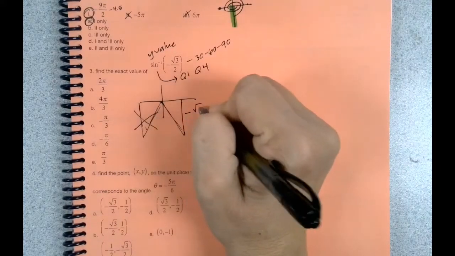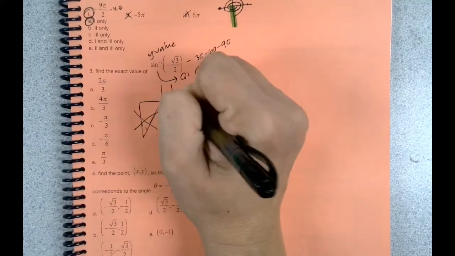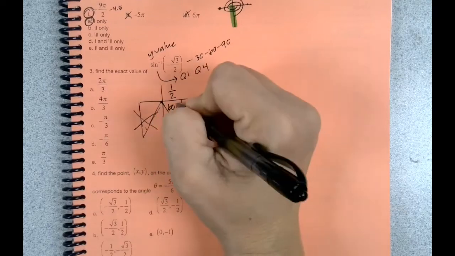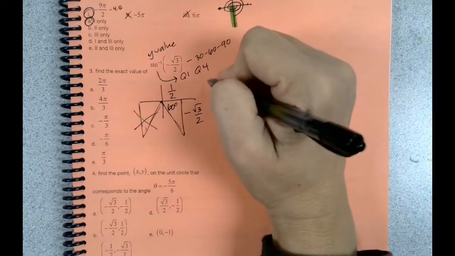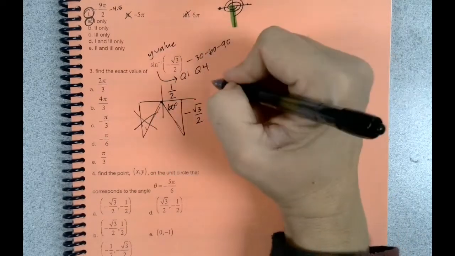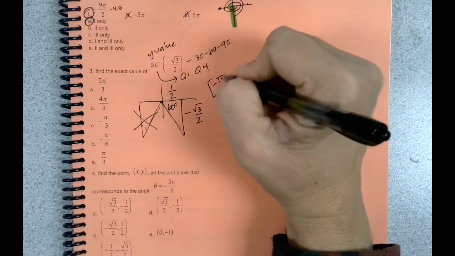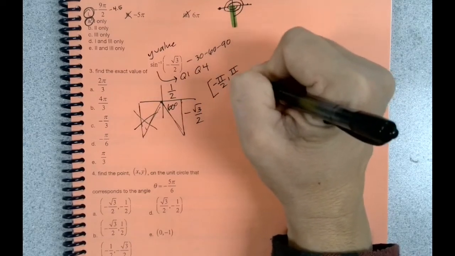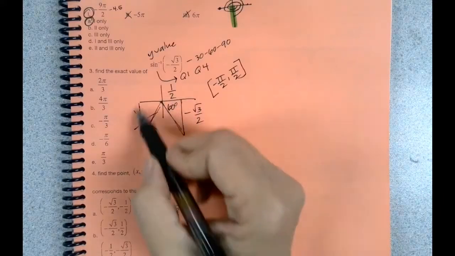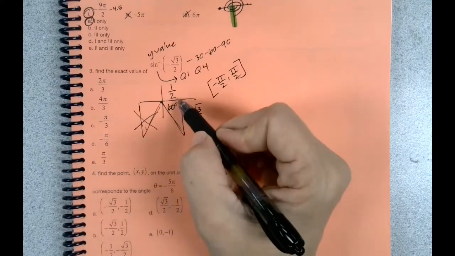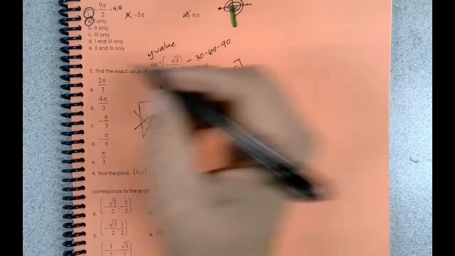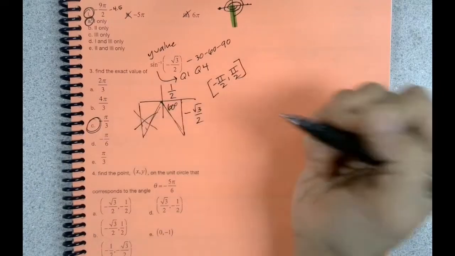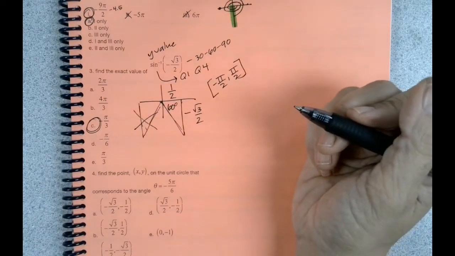So it's going to be here. This is a 60-degree angle. They want us to answer all inverse questions dealing with sine over the interval from negative pi over 2 to pi over 2. So even though this one is 5 pi over 3, we're just going to answer negative pi over 3. So it is C.